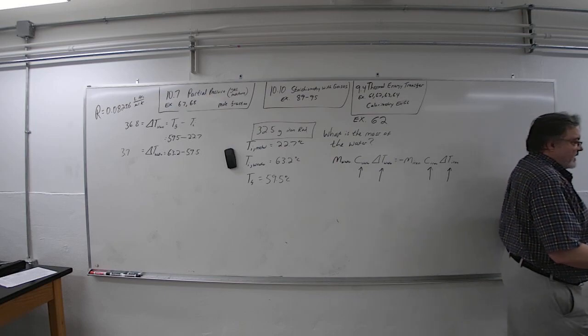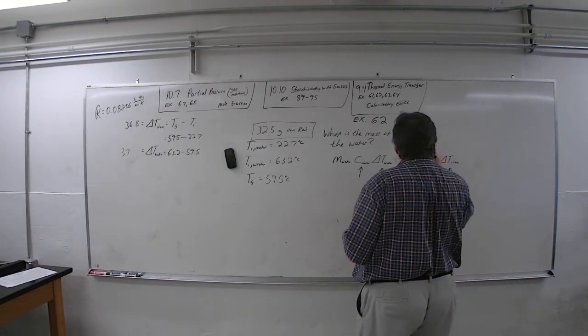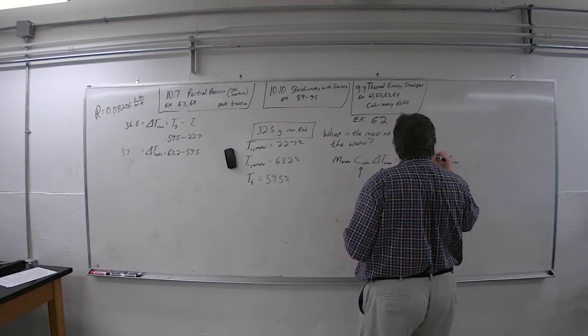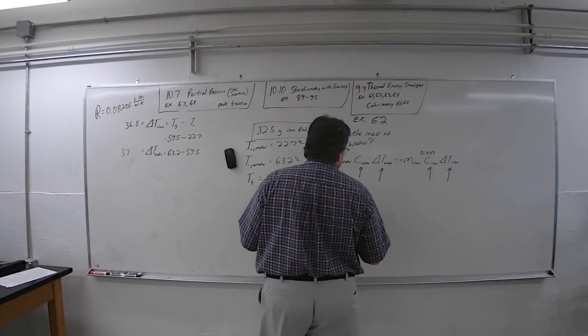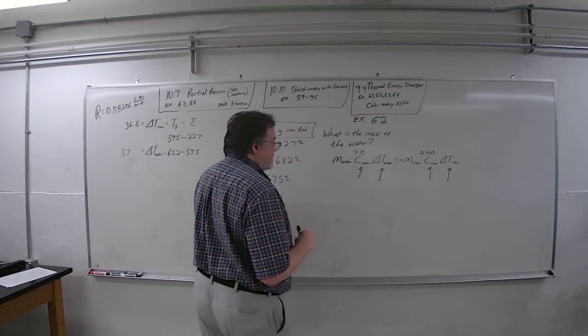You'll have this on the test. Specific heat capacities. Iron is 0.449 joules per gram per degree C. Water is 4.18 joules per gram per degree C.